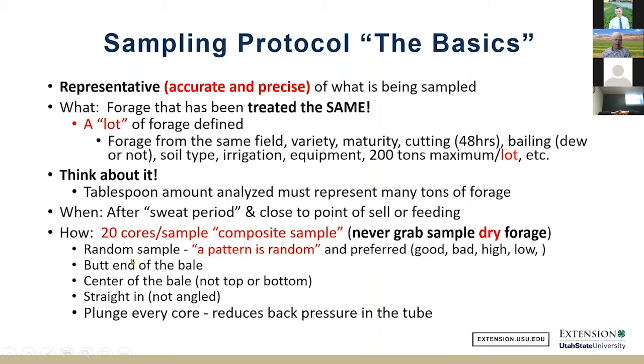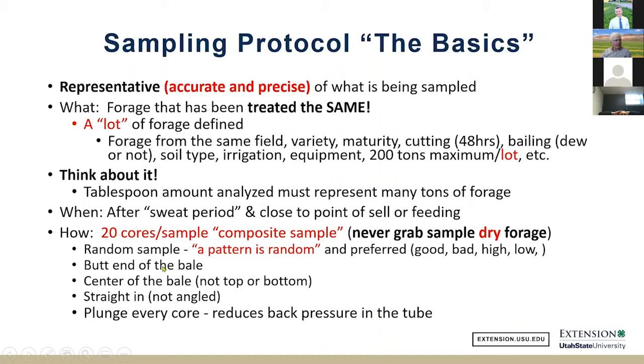I was taught long ago, as a technician running the NIR lab and also as a student, that as long as you follow a designated pattern as you pull the sample, whether it's from a stack or from a field, that helps you avoid the inclination to sample just the good spots or to skip the bad spots. So when you have stacked bales of hay, selecting a pattern is still taking a random sample, and I'll show that in just a moment with some photographs.